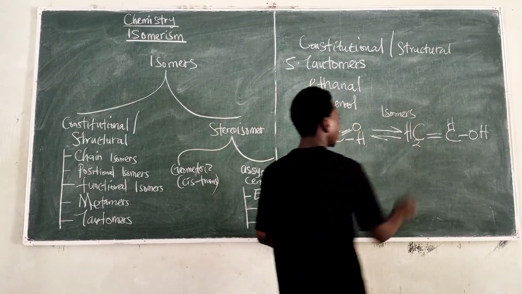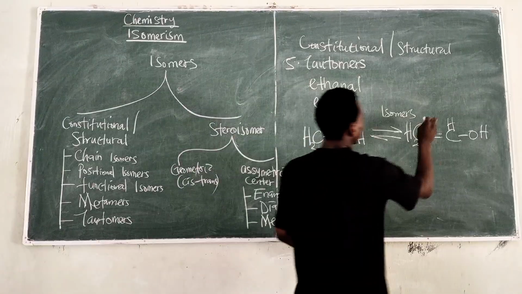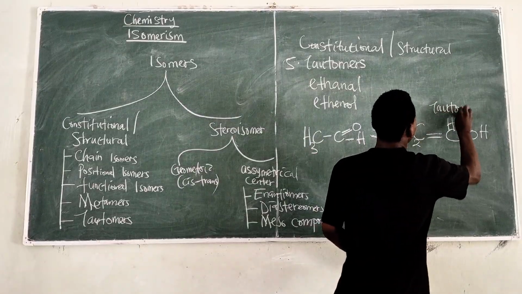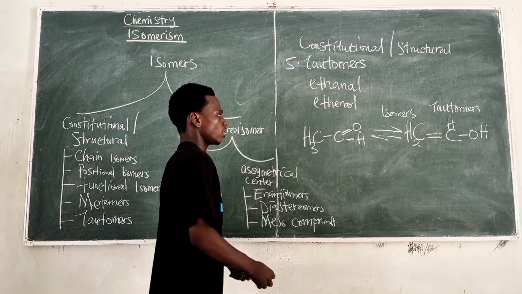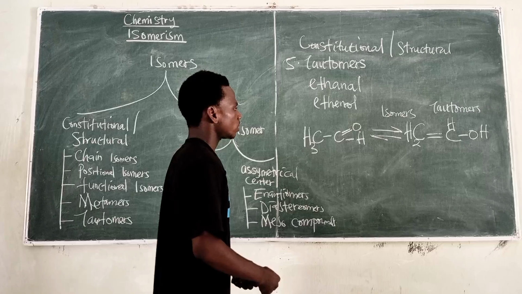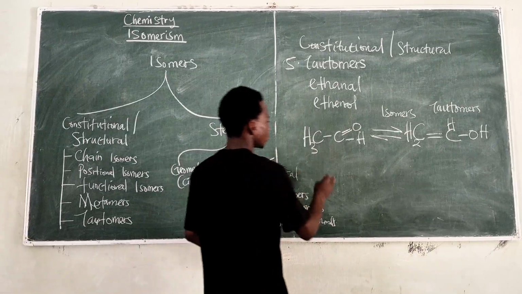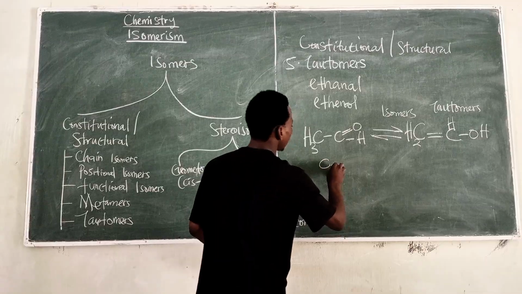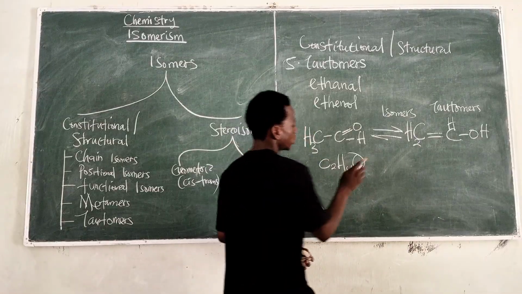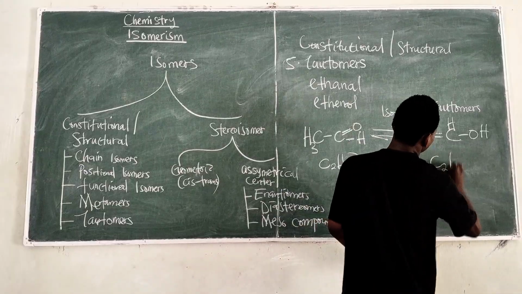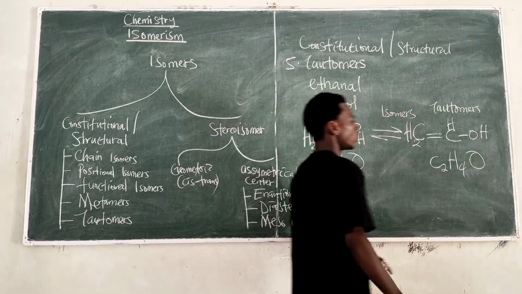They are isomers, but the type of isomers known as tautomers, because they can flip back and forth into each other by moving a double bond and shifting a hydrogen atom. So here we have 2 carbon atoms with 4 hydrogen atoms and one oxygen. Here we also have 2 carbon atoms, 4 hydrogen atoms and one oxygen.